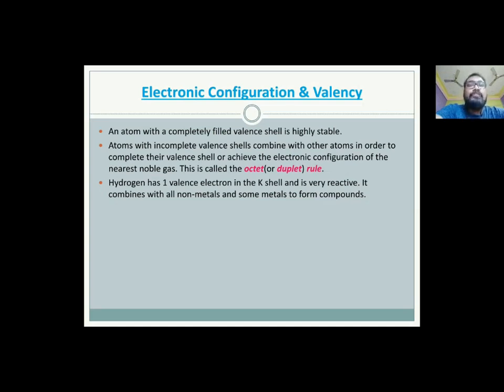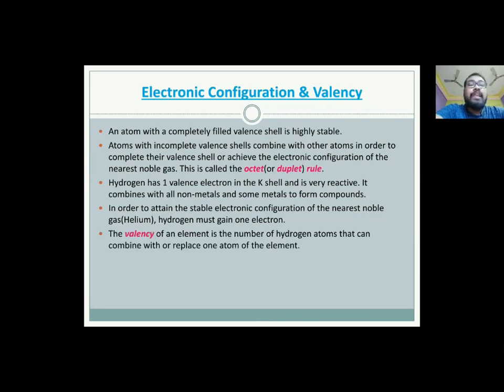Hydrogen has 1 valence electron in the K shell and it is very reactive. It combines with all non-metals and some metals to form compounds. In order to attain the stable electronic configuration of the nearest noble gas, that is helium, hydrogen must gain 1 electron. So how will it gain? It will gain 1 electron by reacting.